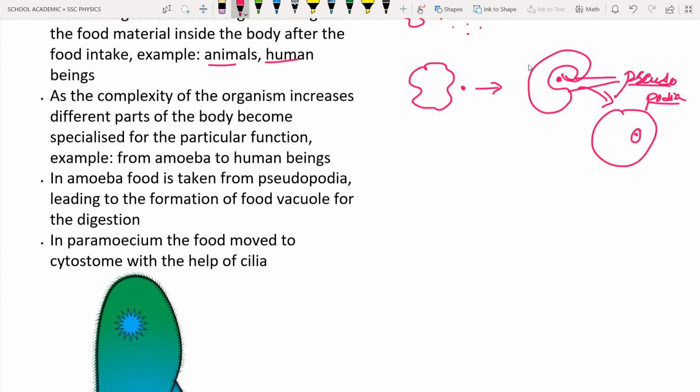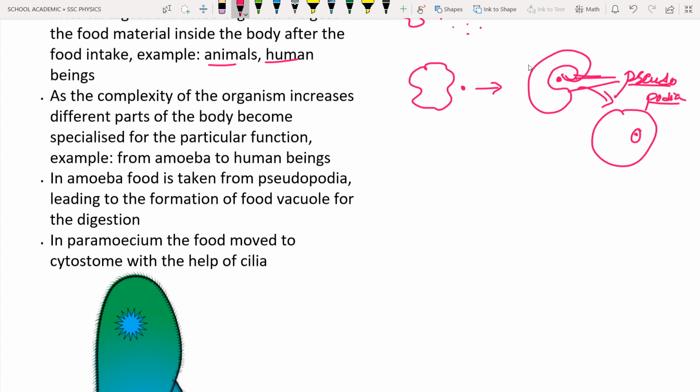We are bipeds, bi means two, pedes means legs, in the same way the amoeba has pseudopodia. Pseudo means false, podia. It is a false foot, because after some time they will get mixed up with the body. So this is the extending of the membrane of the amoeba. This is how digestion is seen in the amoeba.